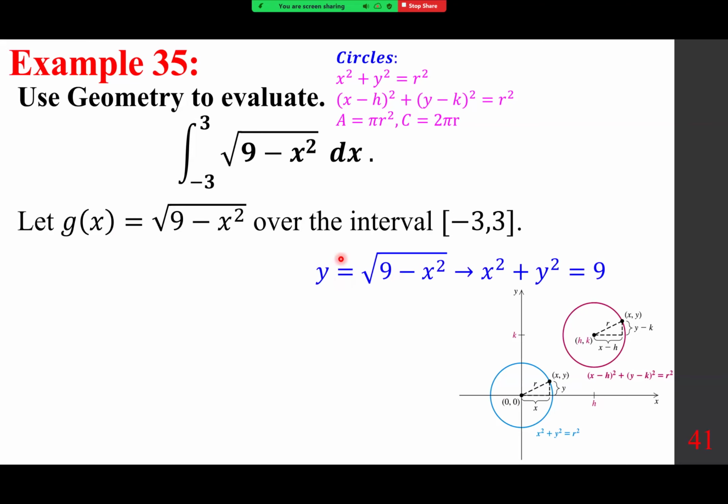If I square both sides, I get y squared equals 9 minus x squared, so x squared plus y squared equals 9. What is that? It's a circle centered at 0, 0 with radius 3.